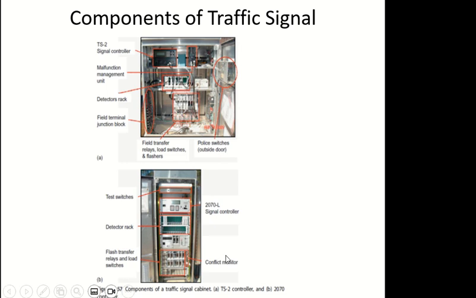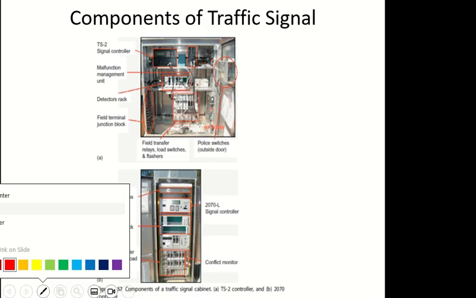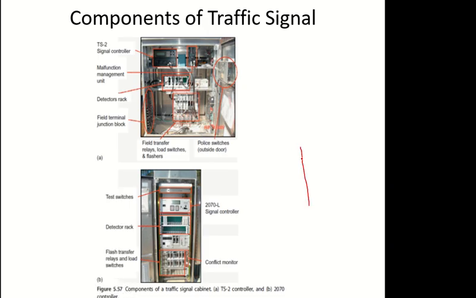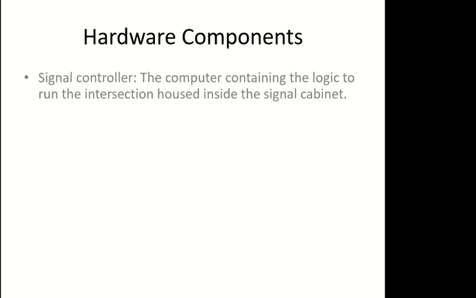So for example, this and this. Even if somebody made a mistake of putting these two in the same phase, the conflict monitor will take care of it. It will block the movements, and then later on somebody can see and check what happened.